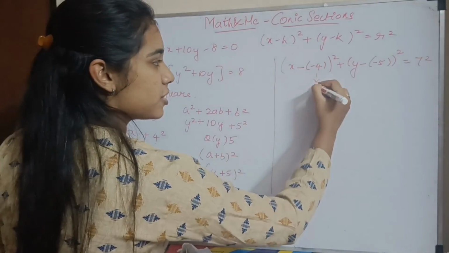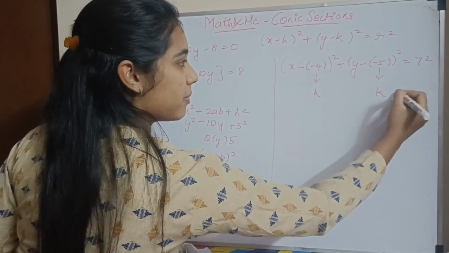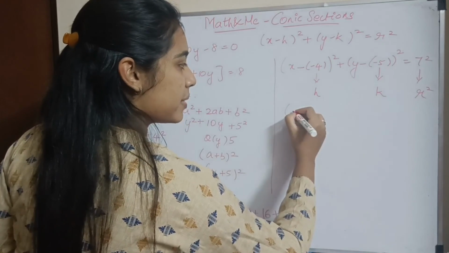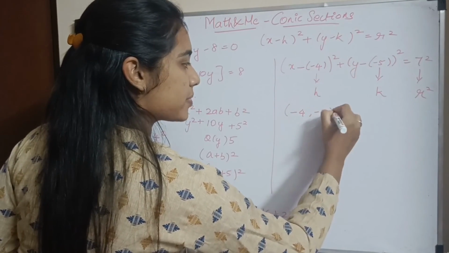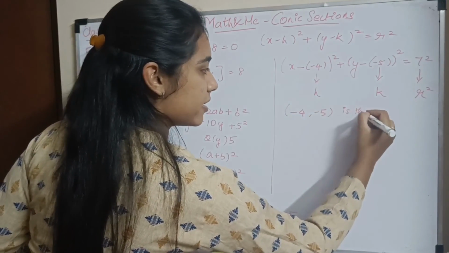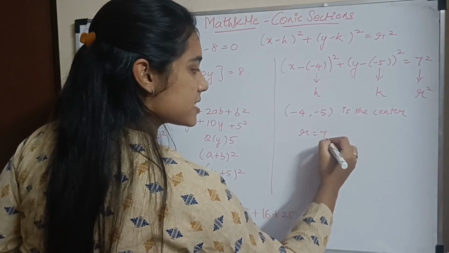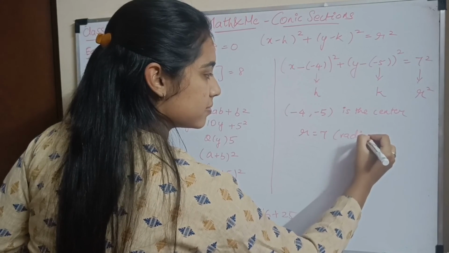So what is my h? Minus 4. What is my k? Minus 5. And this is my r square. So what is my center? My center is minus 4 comma minus 5, and r equals 7 is the radius. Clear?